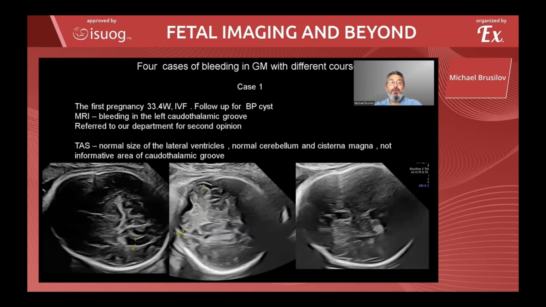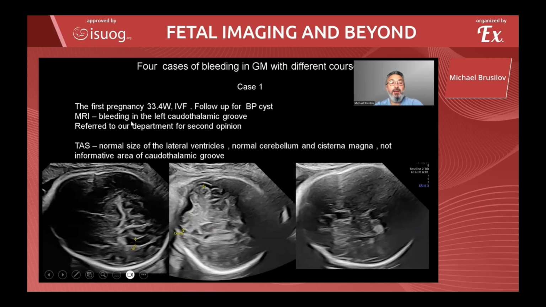I'd like to show 4 cases of the bleeding in germinal matrix with different courses. The first case, first pregnancy, 33.5 weeks, follow-up for Blake's pouch cyst.